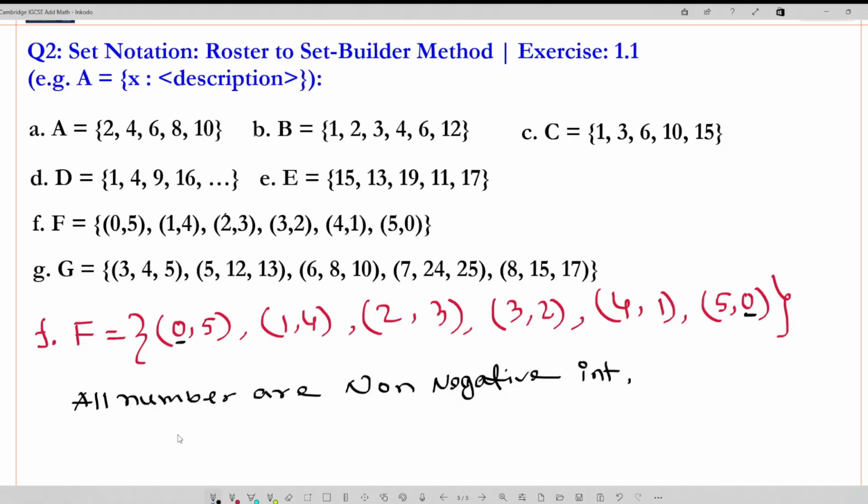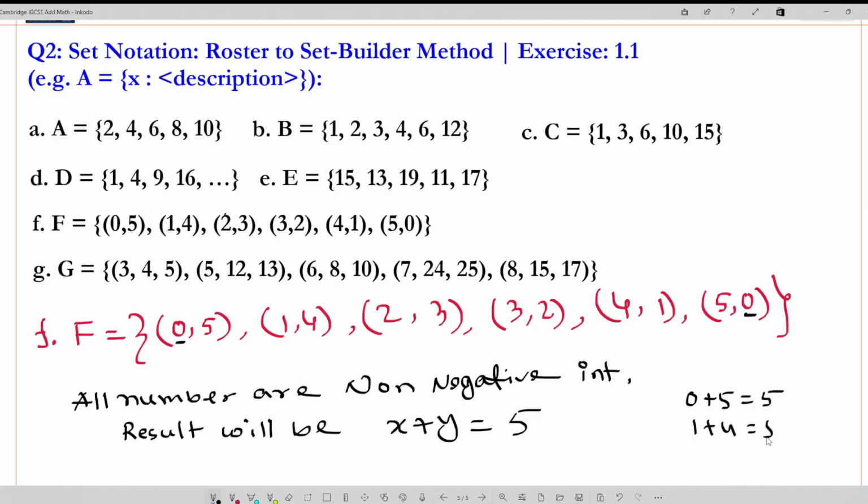Okay, and the result will be x plus y equals to 5. How? Look, 0 plus 5 equals to 5, 1 plus 4 equals to 5, 3 plus 2 equals to 5. So all the results become x plus y equals to 5.